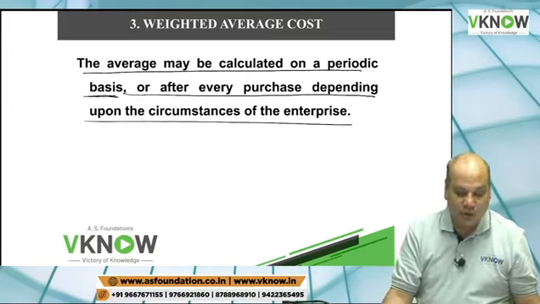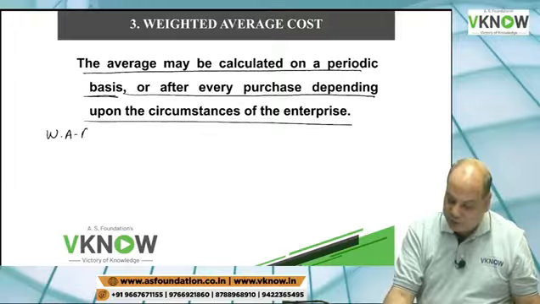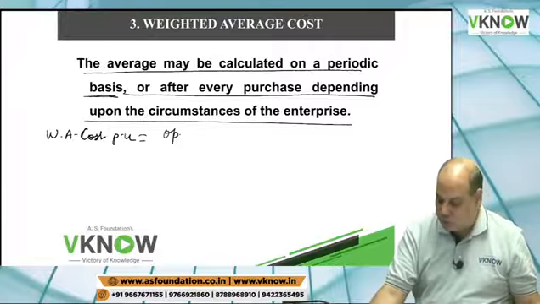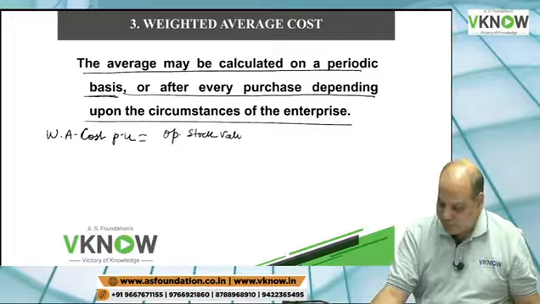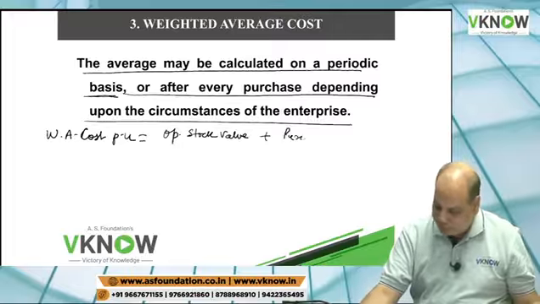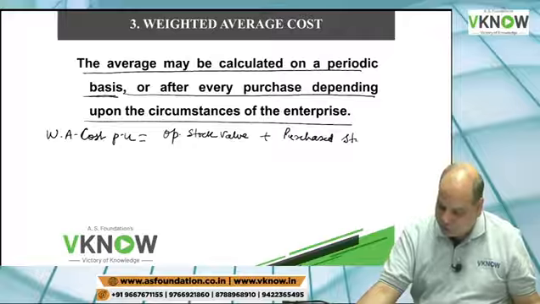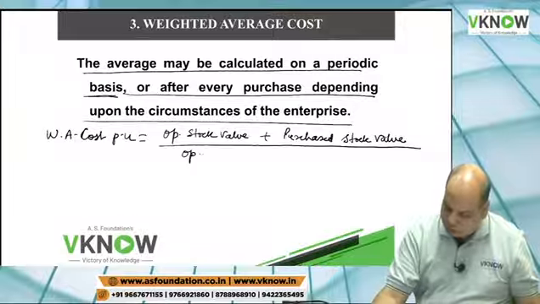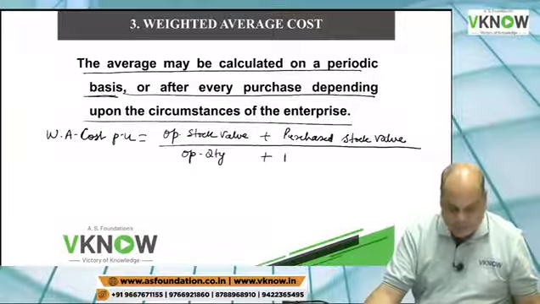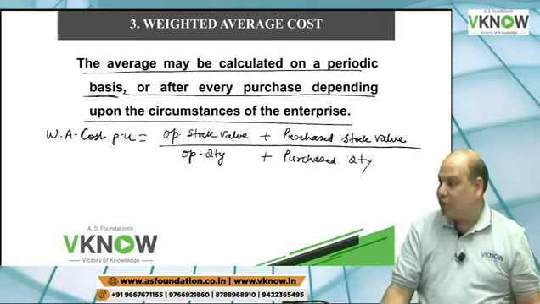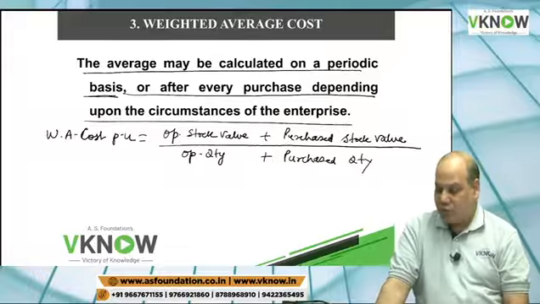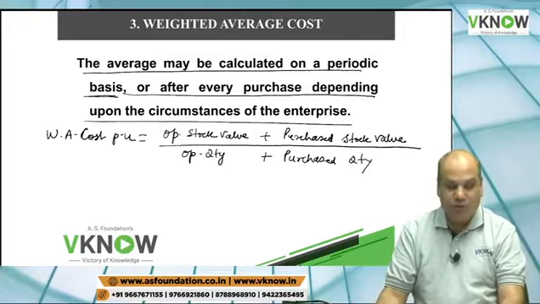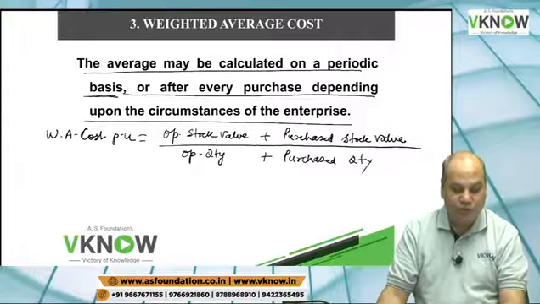So the formula for weighted average cost per unit is opening stock value plus purchase stock value, divided by opening quantity plus purchase quantity. Students can write this formula. Sometimes they ask you questions in the exam also. Okay.